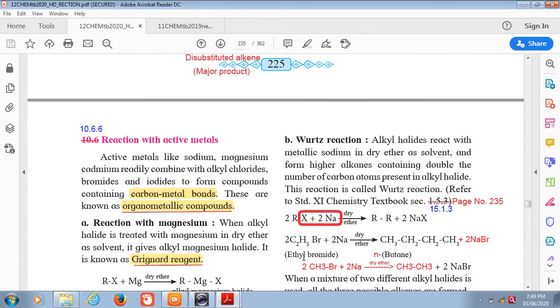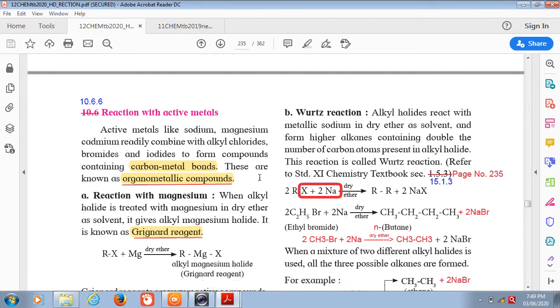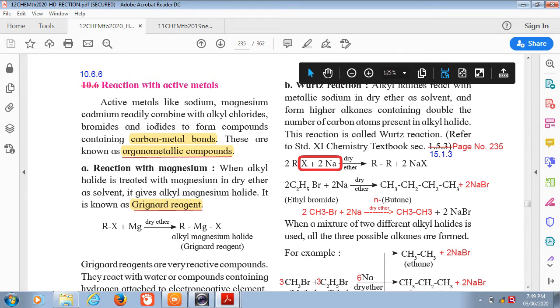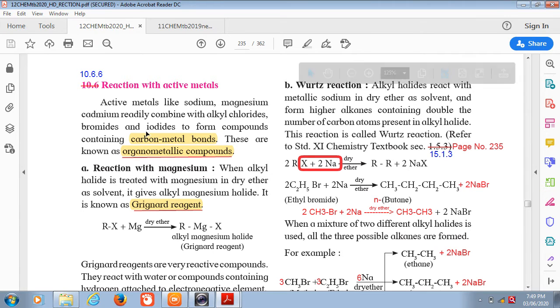Now next one is the reaction with active metals. There are different active metals such as sodium, magnesium, cadmium. They readily combine with alkyl chlorides, bromides and iodides to form compounds containing a carbon-metal bond. The compound which contains a carbon-metal bond is known as an organometallic compound, because there is an organic part as well as a metallic part.